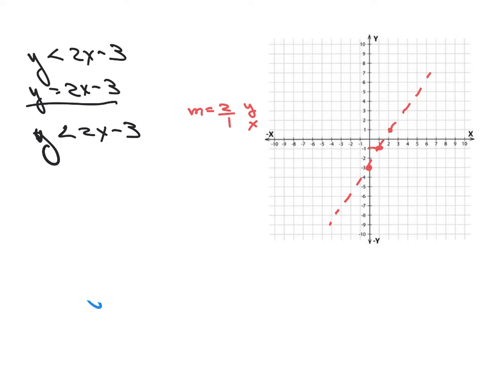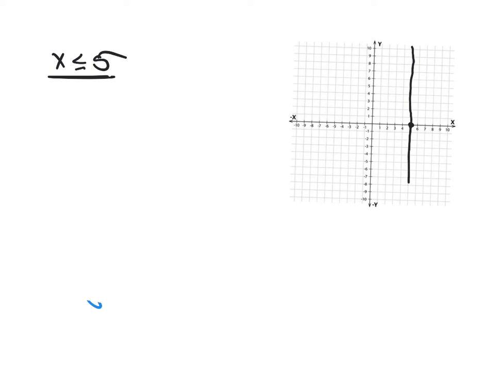And let's do one more and we will be done. So example 3 says graph x is less than or equal to 5. Okay, so if you remember a while back, whenever you didn't have a y value, you'd go to x is 5, and you would draw a line vertically through that point.